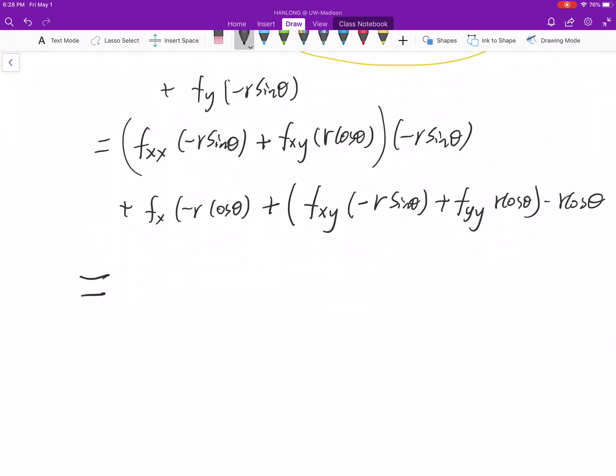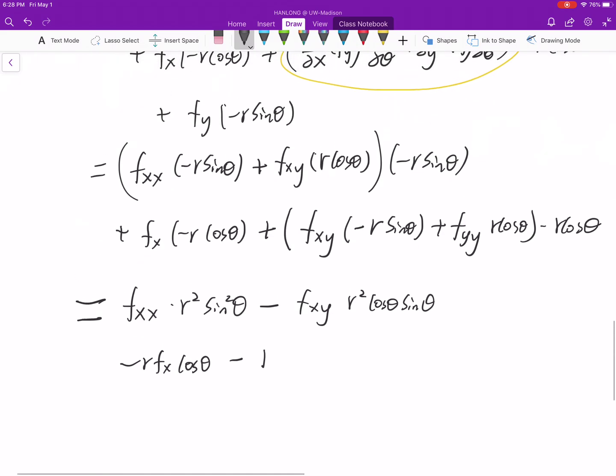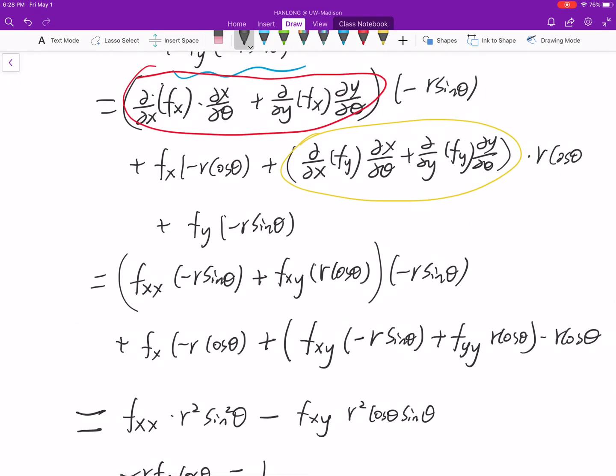Okay, let's do distribution first. So fxx r squared sine theta squared, minus fxy r squared cosine theta sine theta, minus r fx cosine theta, sorry, here you have r cosine theta times negative r sine theta.